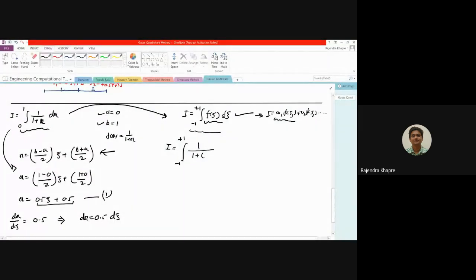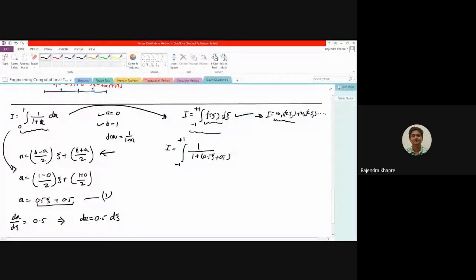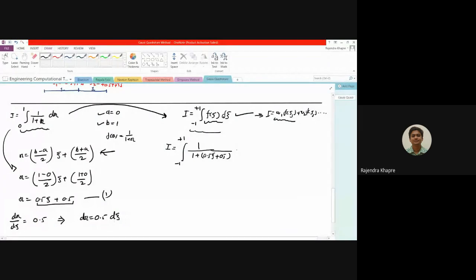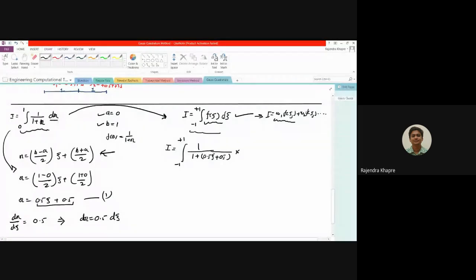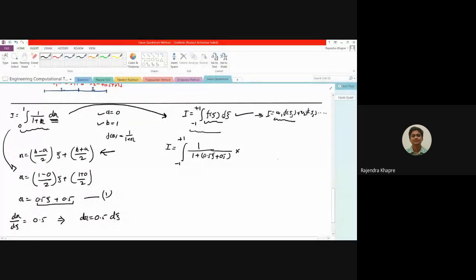My value of x is nothing but 0.5 times xi plus 0.5, multiplied by d xi. Here we have d xi, but originally we had dx, so the dx value has to be replaced. In equation 2, we found dx can be written as 0.5 times d xi.